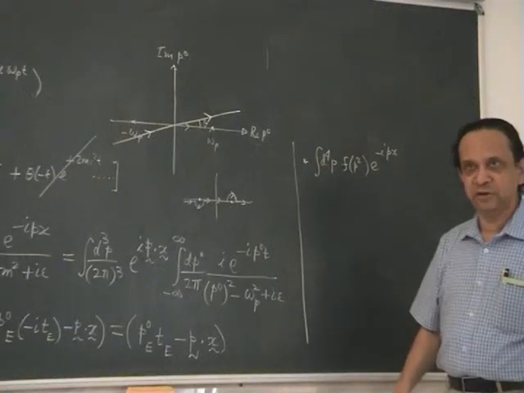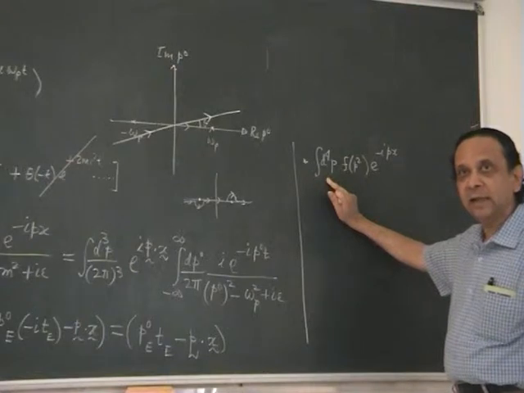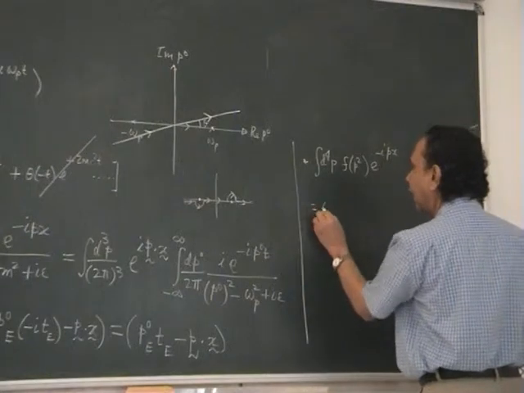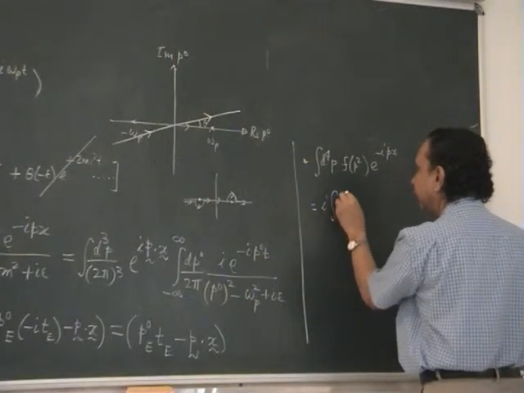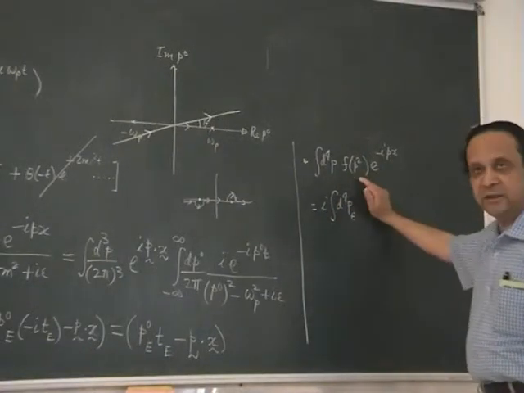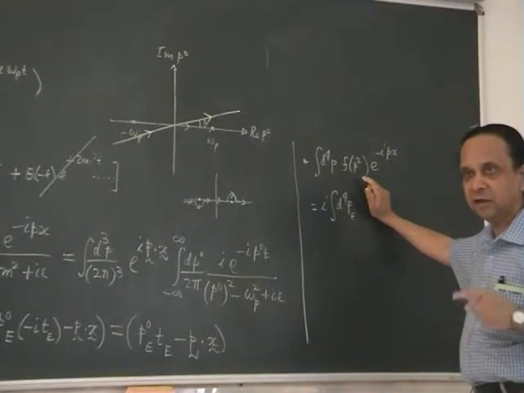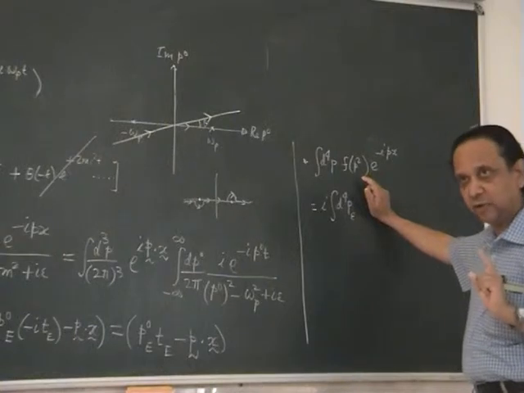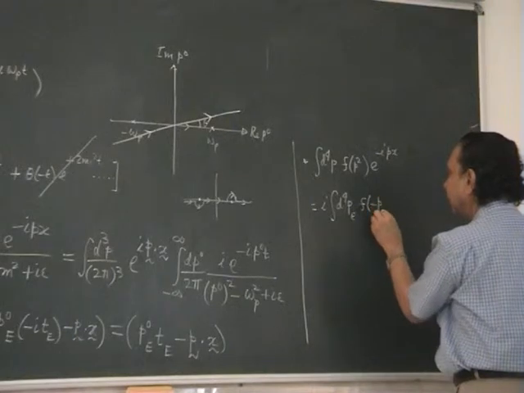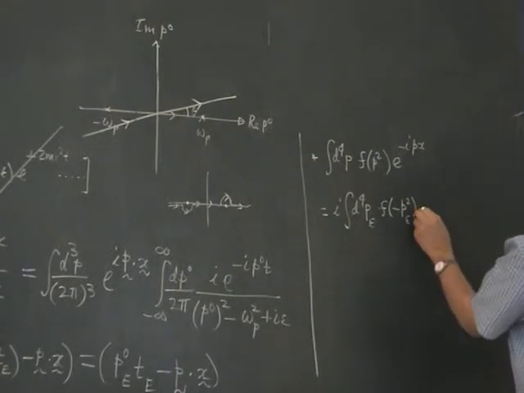And let us ask what happens to this. There is a p naught hiding inside this that will get replaced by i times p naught. So this integral will go into i times the integral d4p in the Euclidean space. This p square is p naught square minus modulus of p square. p naught square, because of that i factor, will become minus p naught square. So this is going to go into f of minus p Euclidean square. Nothing happens with this.